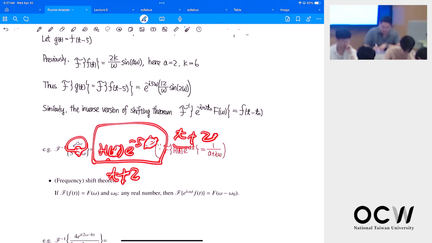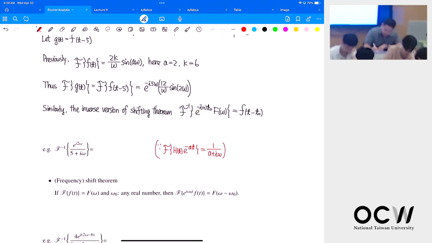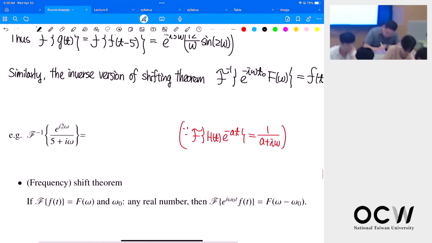If I have a minus sign, I shift to the right; if I don't have the minus sign, I shift to the left. So this should be the Heaviside function of t plus 2, times e to the minus 5 times t plus 2.